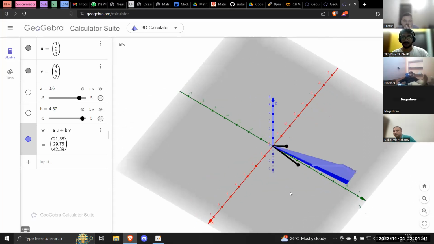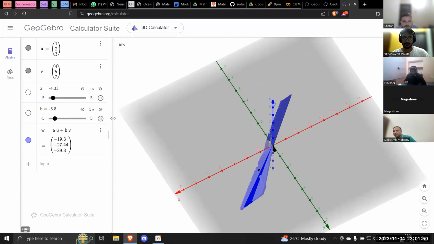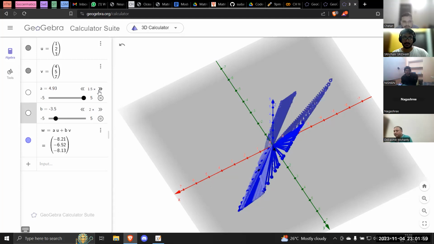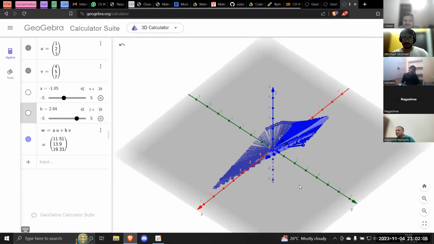Oh, interesting. It's making something. Can you change the speed as well for the values? Perfect.